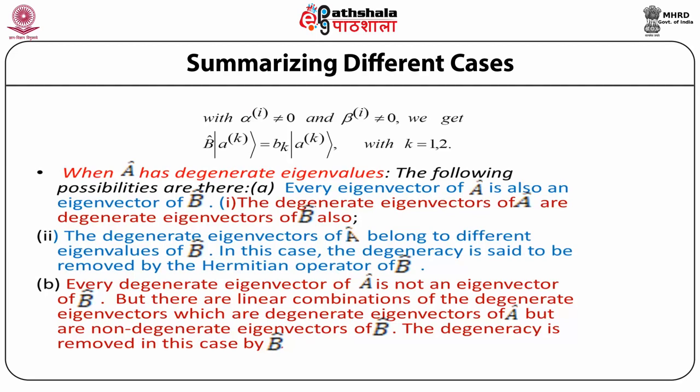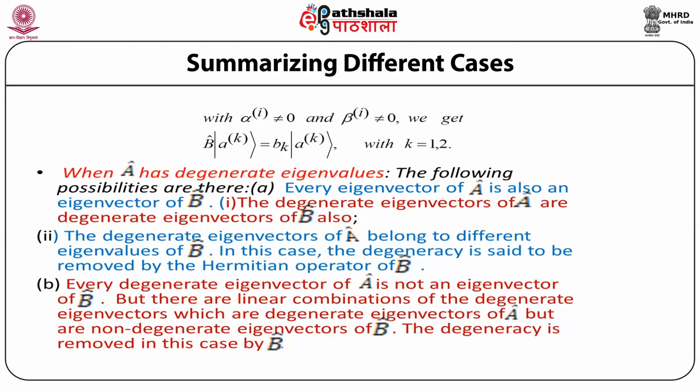One, the degenerate eigenvectors of operator A are degenerate eigenvectors of operator B also. And the second point is that the degenerate eigenvectors of operator A belong to different eigenvalues of operator B. So in this case, the degeneracy is said to be removed by the Hermitian operator B.